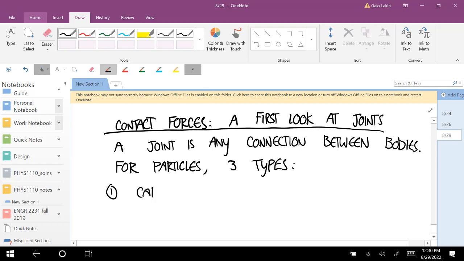First is cables, or pulling forces on the object. The second is frictionless contact with the chosen body.